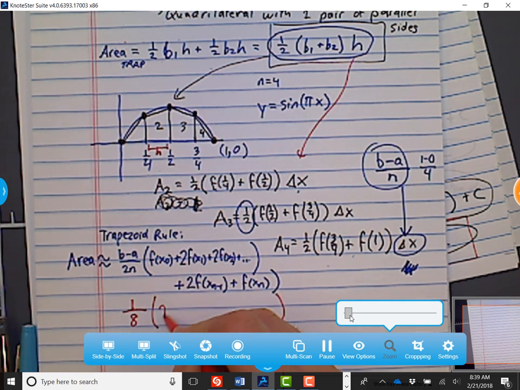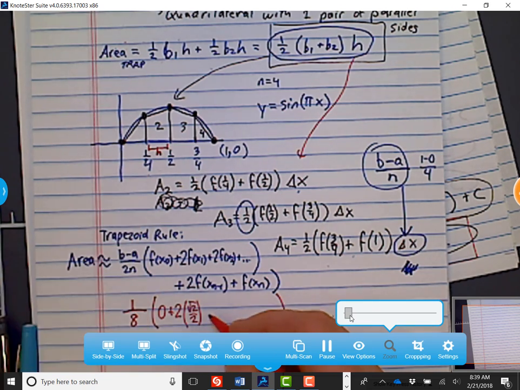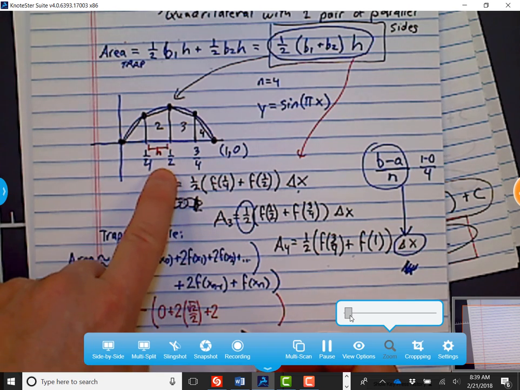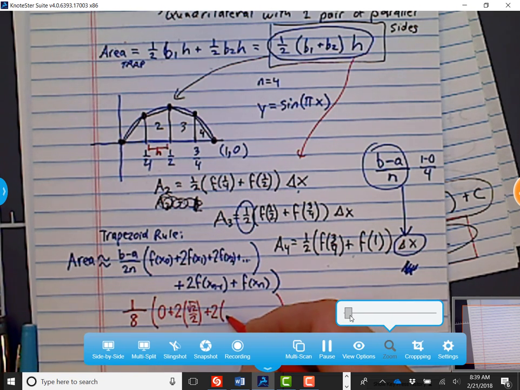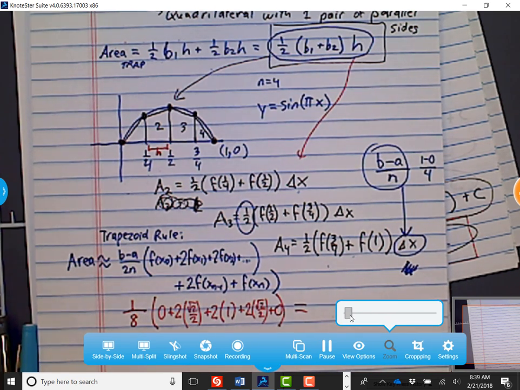Because f of x0 is 0 plus 2 times, oh, now, this is nice because I'm taking the sine of pi over 4. What's pi over 4, isn't it? We get radical 2 over 2, right? Plus 2 times, oh, what's the sine of pi over 2? 1. Plus 2 times radical 2 over 2, and then plus 0. So this works out to be pretty nice.